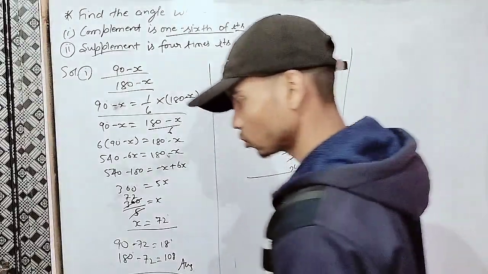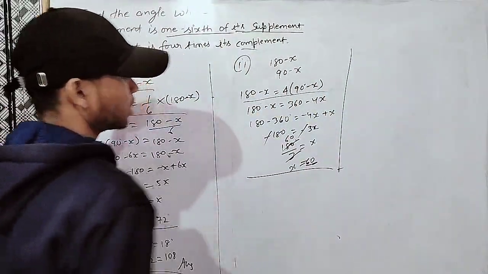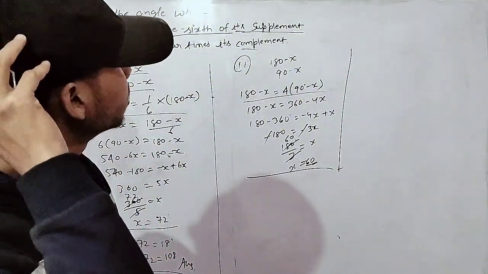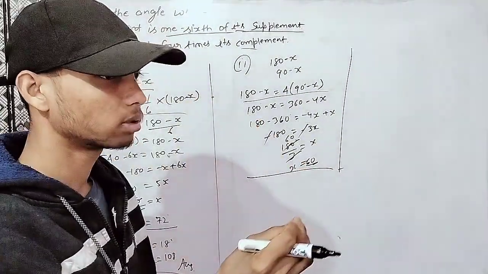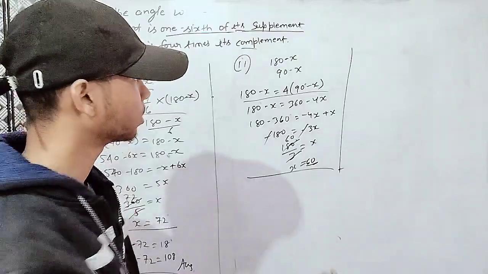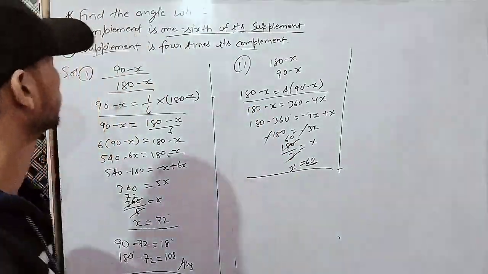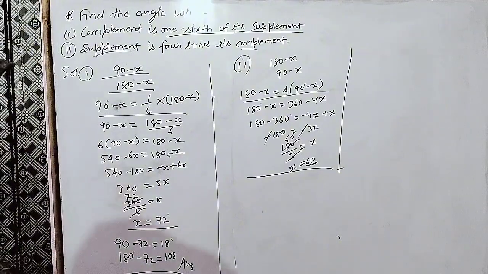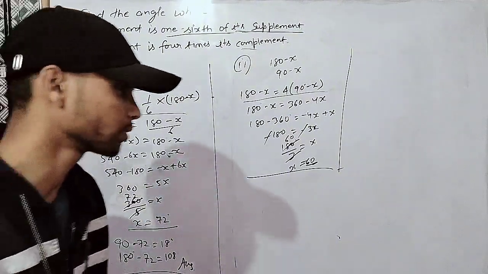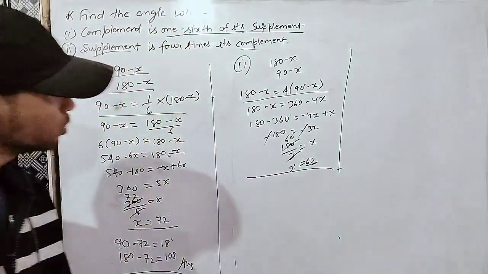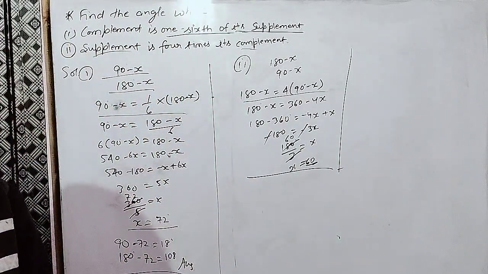Let's move on. You solve it and then tell me what your answer is, and whatever your answer comes out to be, just put the value of your x into your equation. Then check whether your LHS is equal to RHS or not.